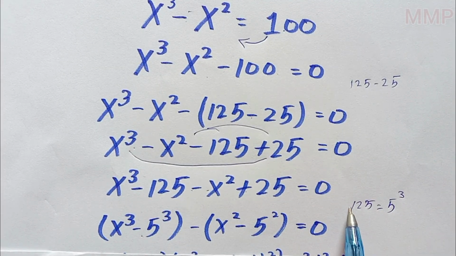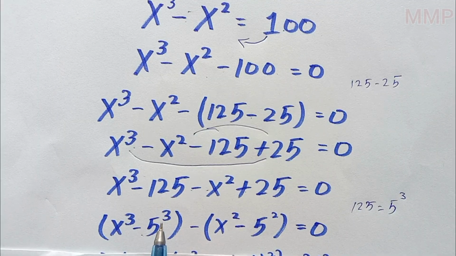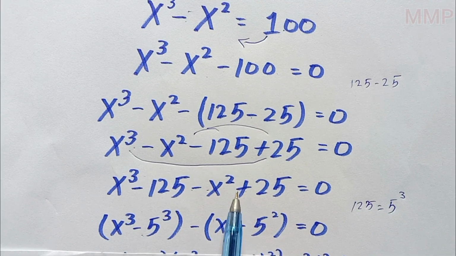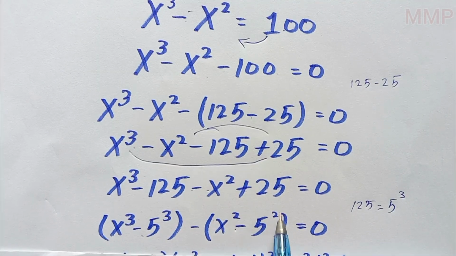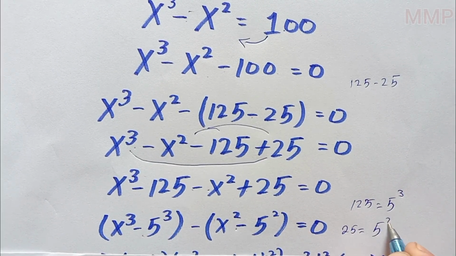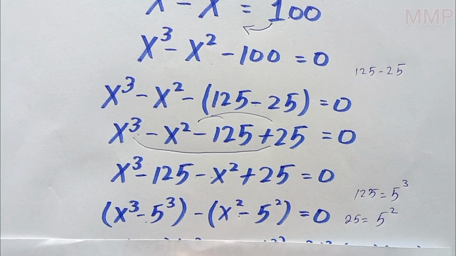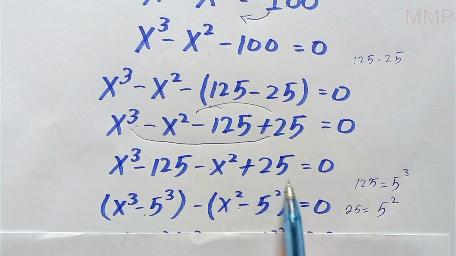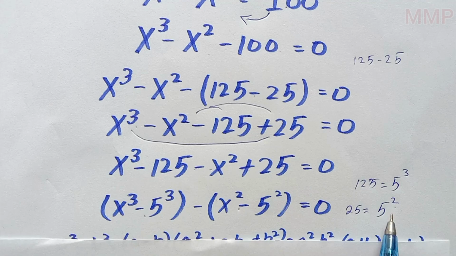We write 5 cube in place of 125. Minus x square plus 25, where 25 is equal to 5 square. We replace 25 by 5 square.